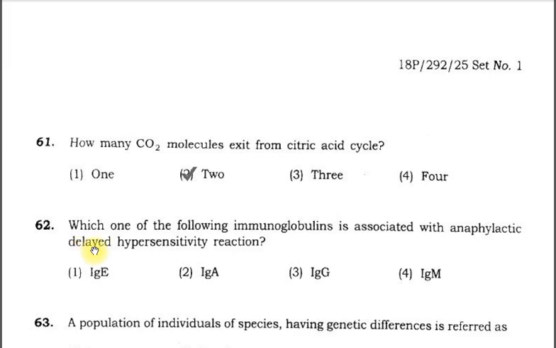And delayed hypersensitivity, which is the type 4 hypersensitivity, does not involve the Ig molecule, it involves the TDTH cells. So here the question should say anaphylactic immediate hypersensitivity reaction. According to that, the correct answer is IgE.